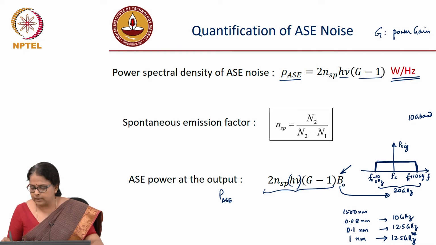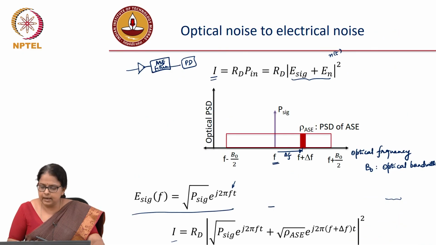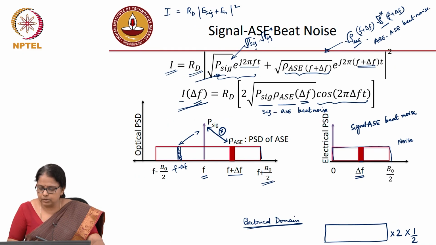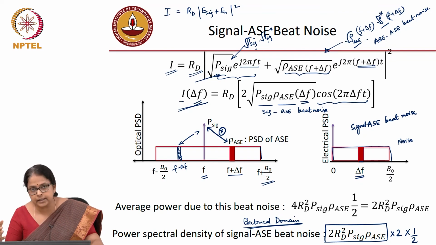So, this will be the ASE optical power, but the consequence of having this ASE in the electrical domain is to give rise to an additional noise whose power spectral density is given by 2 Rd square P sig PASE. Okay. So, this is how the signal mixing with amplified spontaneous emission in the detector gives rise to noise.